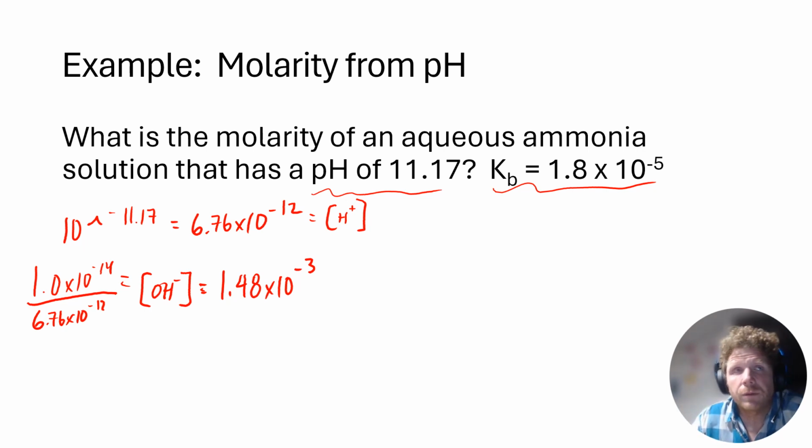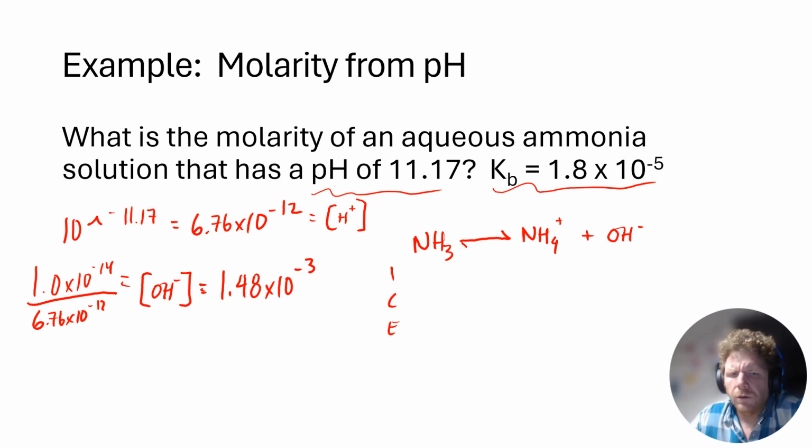That's at equilibrium though. What I need to do is work backwards. Basically what I'm looking at is an equation that looks like this: NH3, NH4 plus, OH minus, ICE. I know this number, 1.48 times 10 to the negative third, plugs in here.